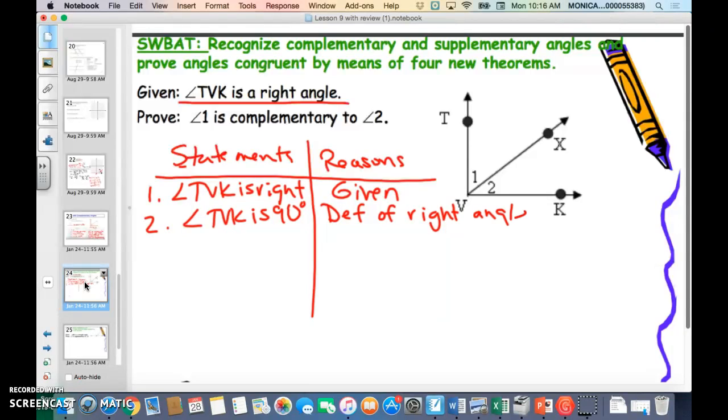All right, now that we've defined that it's 90 degrees, we can say that angle 1 plus angle 2 equals angle TVK, and this is angle addition postulate. Now that we've done that, we can now substitute.